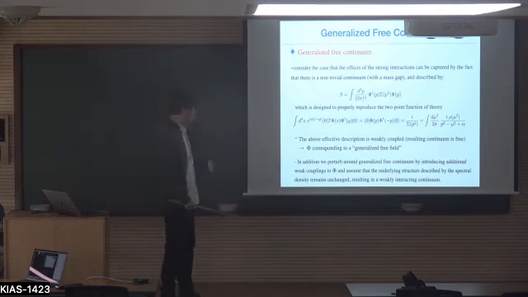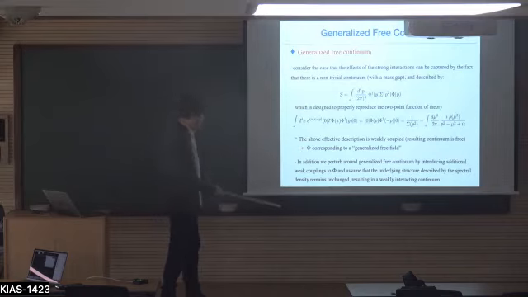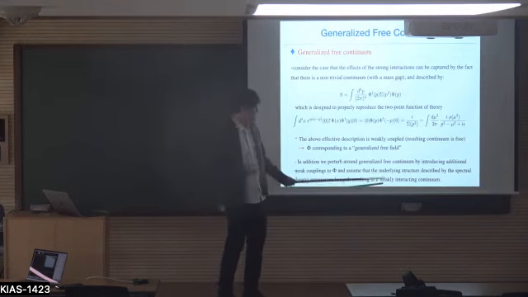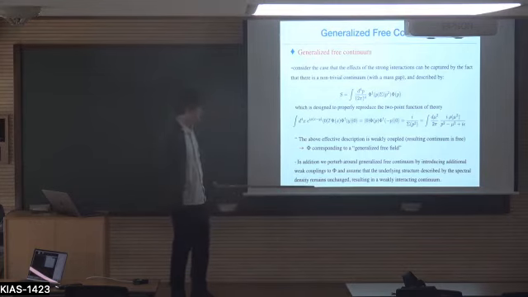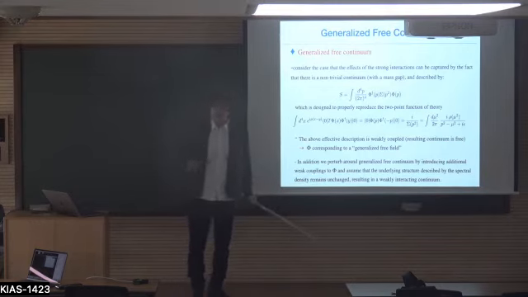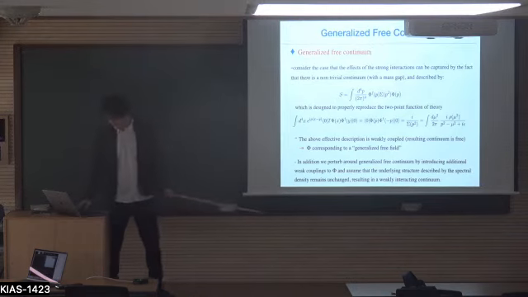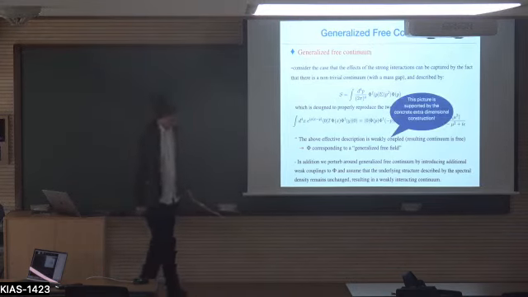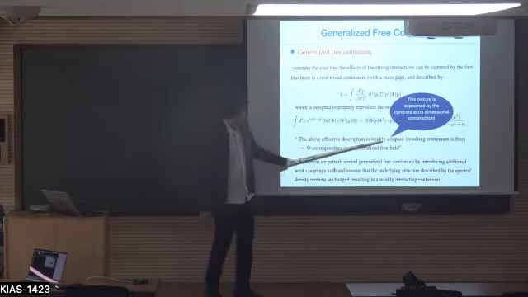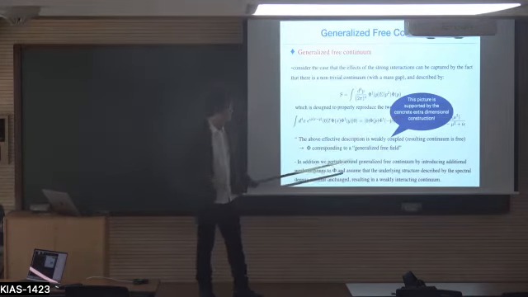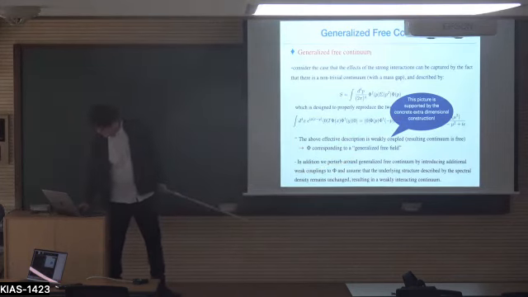In addition, we perturb around it, of course, to have weak interaction with the standard model by introducing some weak coupling to this φ, and assume that the underlying structure described by this spectral density doesn't change much, resulting in a weakly interacting continuum instead of one broken down into discrete states. This sounds more difficult to prove in 4 dimensions, but this picture is supported by concrete extra-dimensional models.